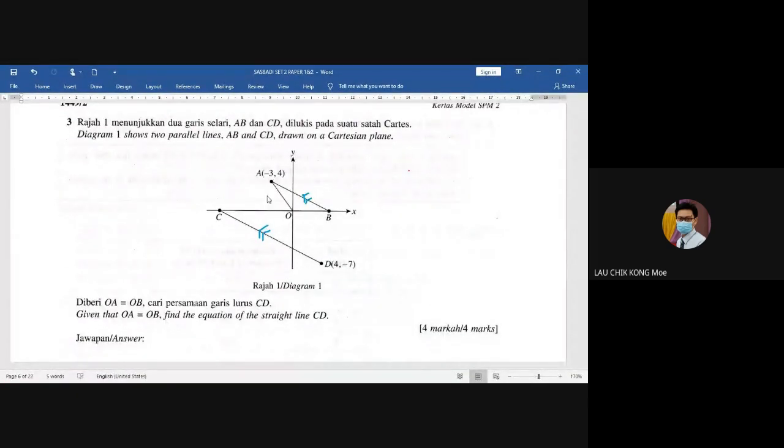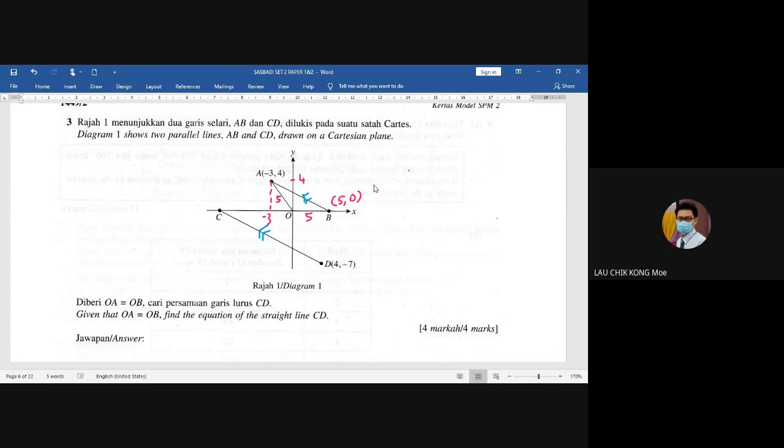We know that this is -3, this is 4, right? So we know that the OA is 5, 3, 4, 5. So this one also 5. So the B is 5, 0 for the coordinate. Tapi awak tidak cari.